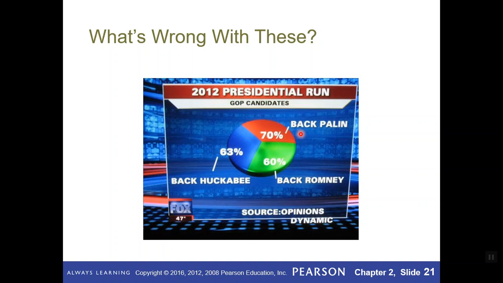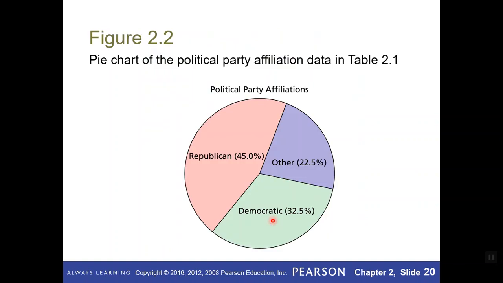Okay, there's a problem. What is wrong with this pie chart? It is perfectly drawn, like they have named each piece, it has a title. Okay, everything is clear, but what is the problem here? Give me a second, check this one.